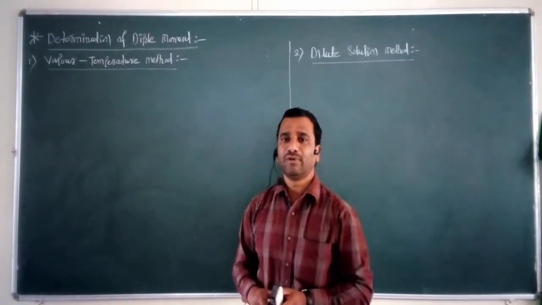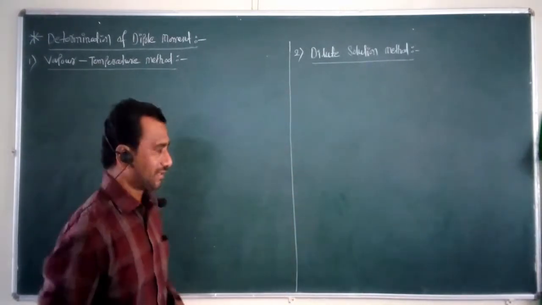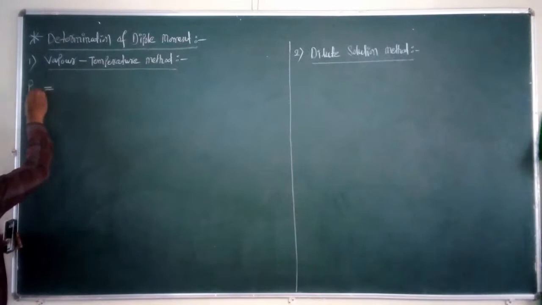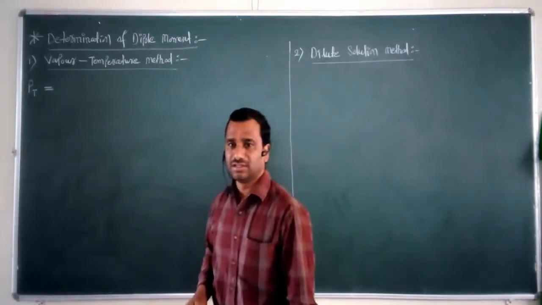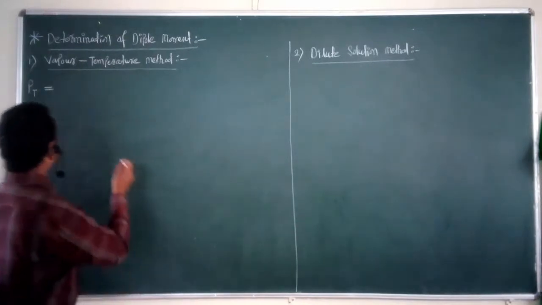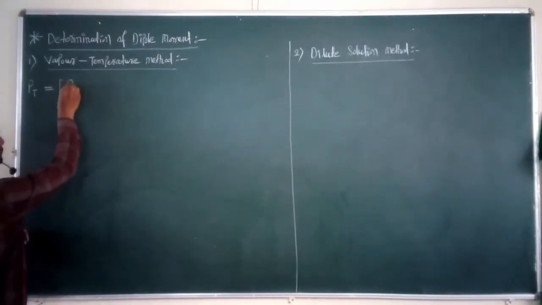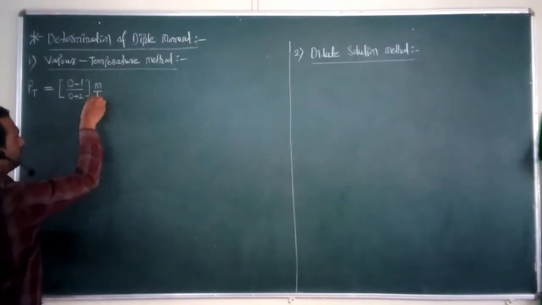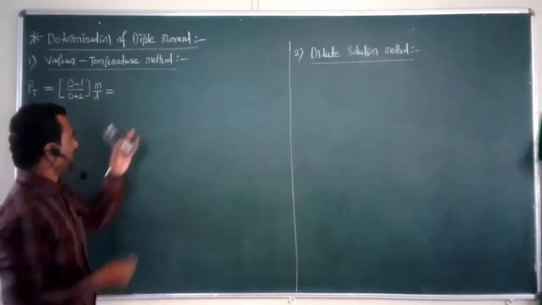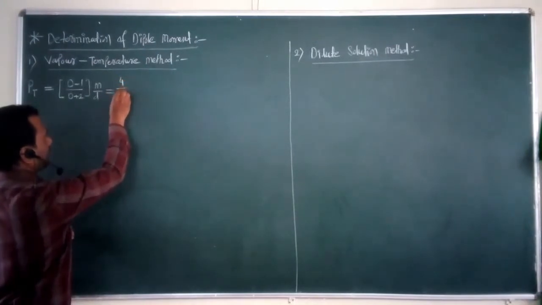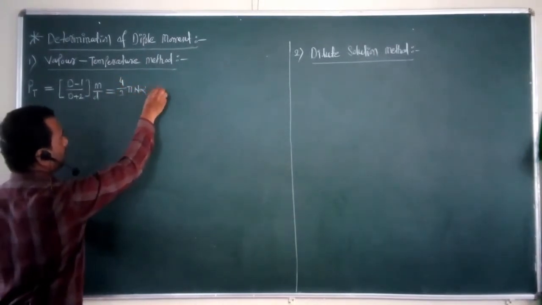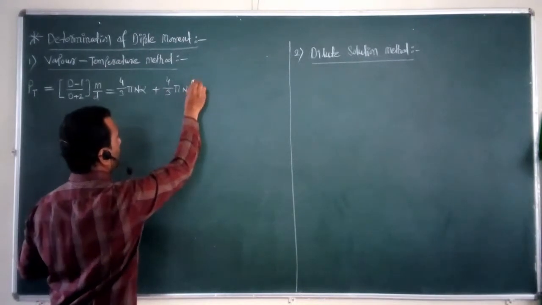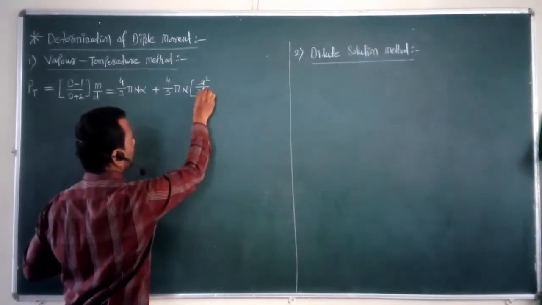We know very well that if we want to calculate the molar polarization of a compound, it can be given with the help of one equation: the total molar polarization Pt is equal to (D minus 1) upon (D plus 2) into M upon d, which is equal to 4/3 pi N alpha plus 4/3 pi N into mu square upon 3kT.